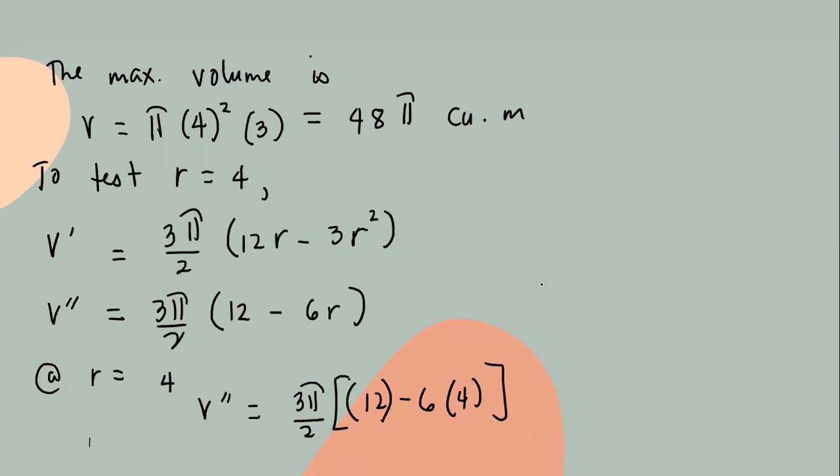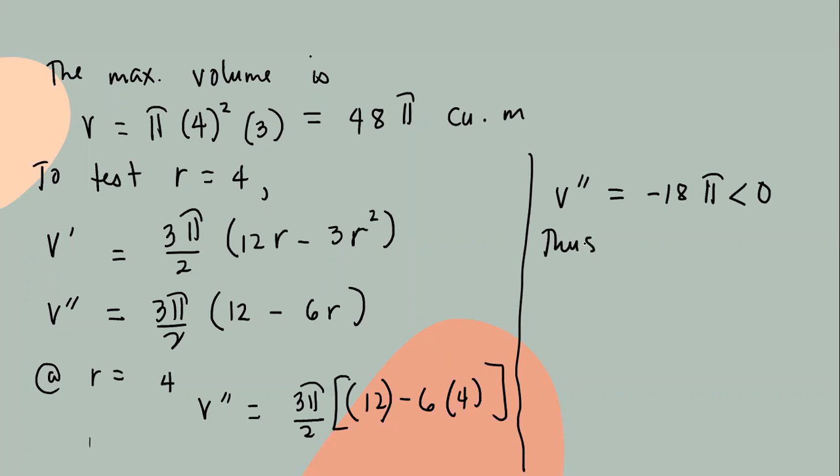Therefore, your V double prime is equal to negative 18 pi, which is less than 0. Thus, V is maximum at r is equal to 4. Okay, questions?